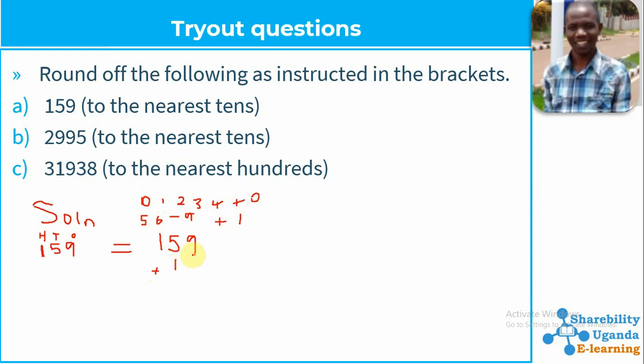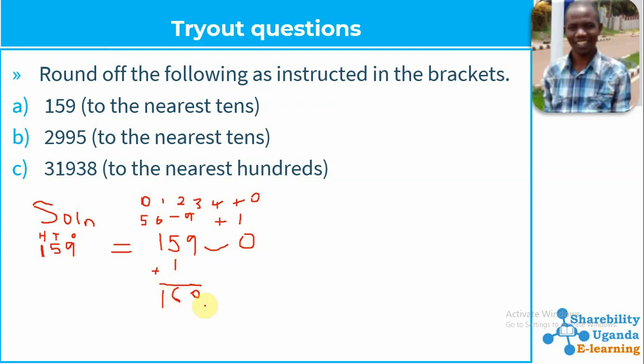We say 1. So this number which is remaining is considered to be 0. So when we add here, we shall now have our 0, then our 6, then our 1.